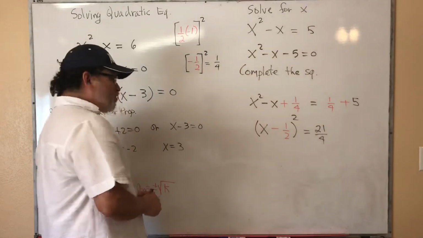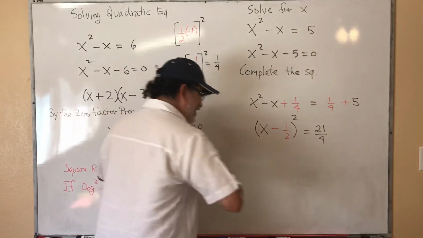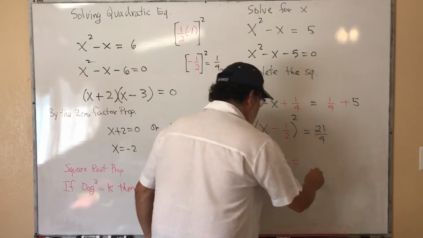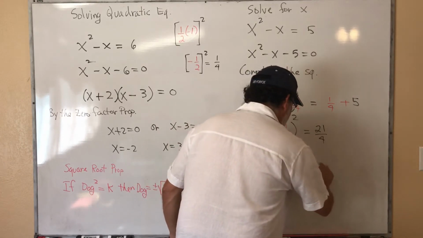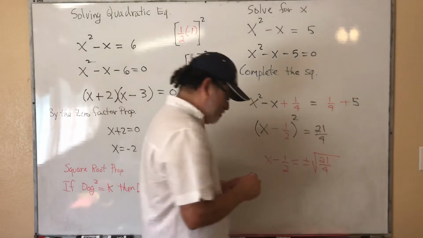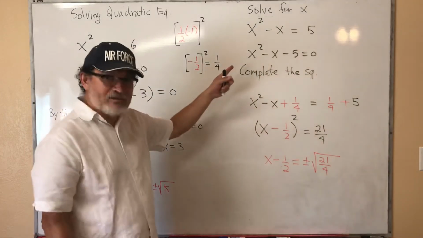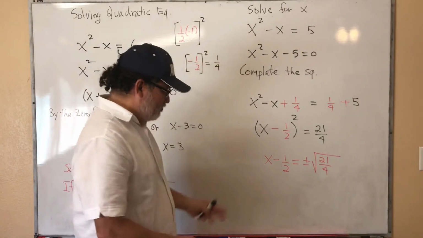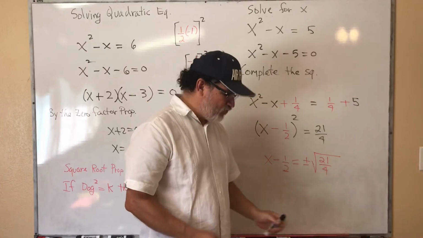By the square root property, what's dog? X minus half equals plus minus the square root of 21 over 4. You see, we solved. Bring this over and take the square root of 4.